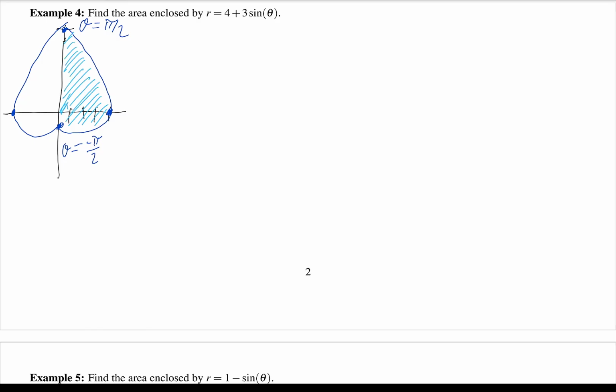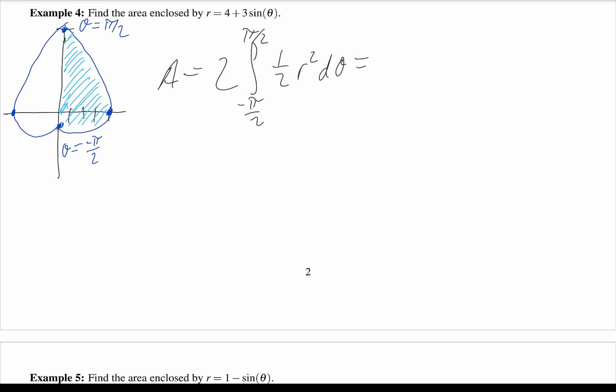What this means is that if I want to find the area of this, I can just find the area of this one region on the right-hand side and multiply it by 2. So that's why our area is going to be 2 times the integral from negative pi over 2 to pi over 2 of 1/2 r squared d theta.